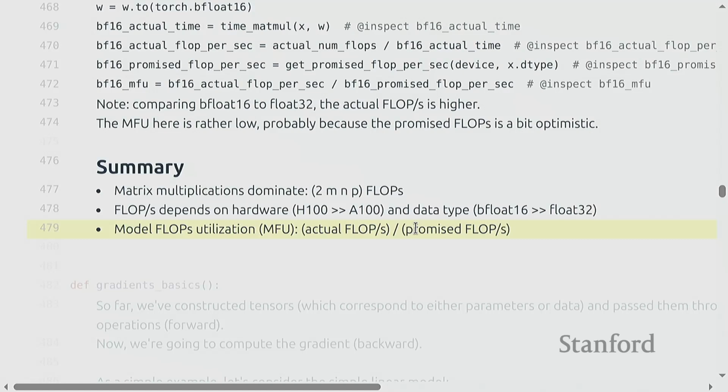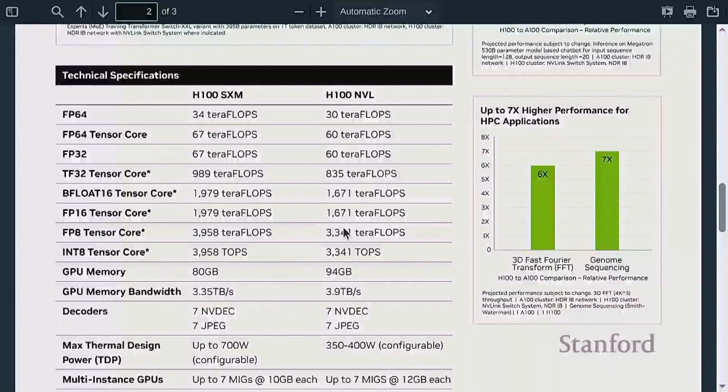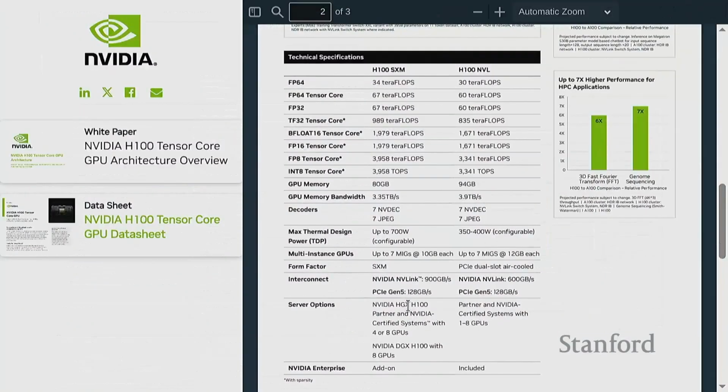Yeah. I've heard that often, in order to get the maximum utilization, you want to use these tensor cores on the machine. And so, does PyTorch by default use these tensor cores, and are these computations accounting for that? Yeah. So the question is, what about those tensor cores? So if you go to this spec sheet, you'll see that these are all on the tensor core.